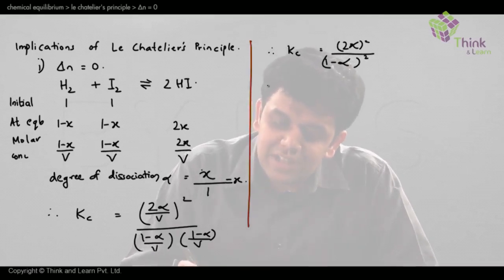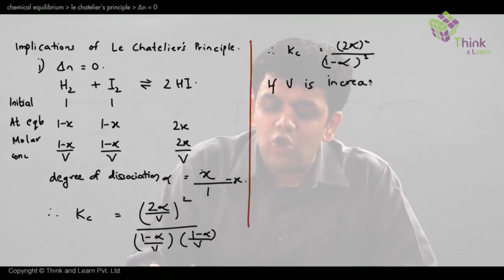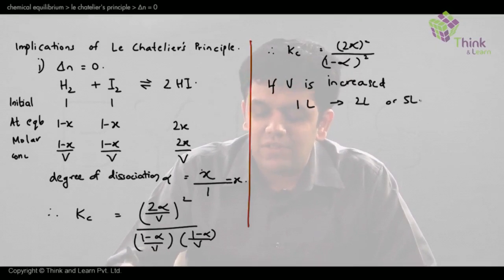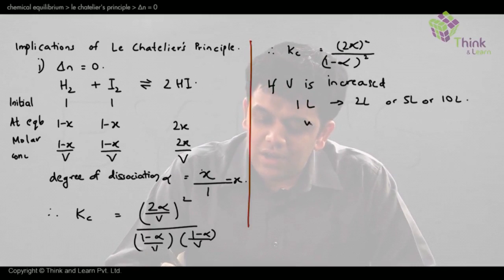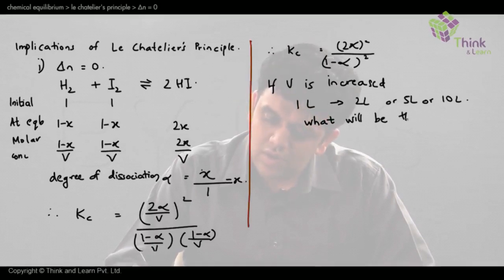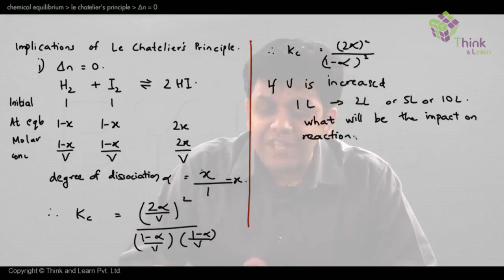Now, in this case, if volume is increased, so initially let's assume that volume is 1 liter. Now 1 liter becomes 2 liters or 5 liters or 10 liters. What will be the impact on the reaction? Well, the answer to this is very simple.